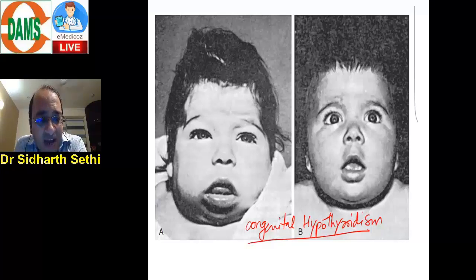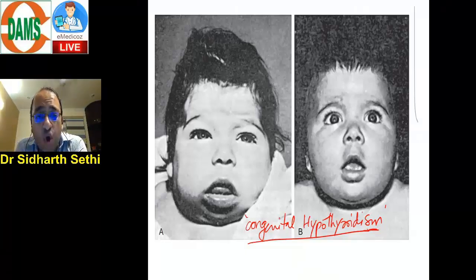These babies have hypotonia, hypothermia, umbilical hernia, constipation, and prolongation of jaundice. And remember that these babies can later in life have mental retardation.